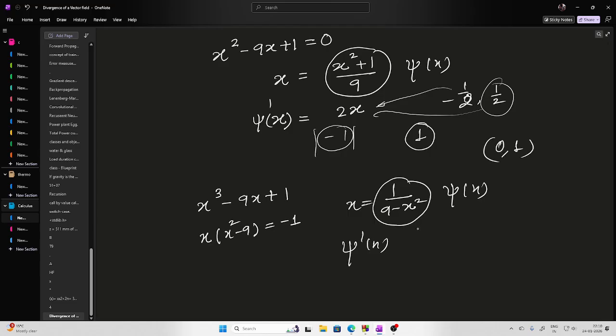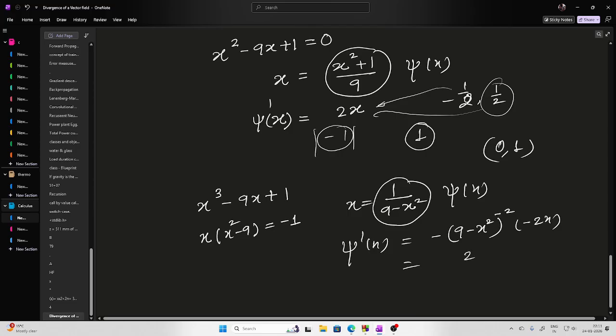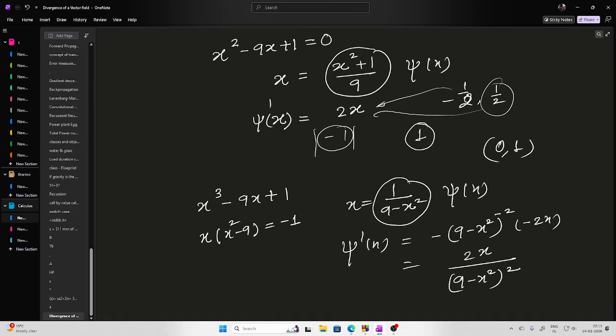Then the derivative of this psi x will be minus 9 minus x square to the power minus 2, and then times minus 2x. So this minus and this minus will cancel, and you will get 2x upon 9 minus x square whole square. Now if you supply 0, this will become 0.